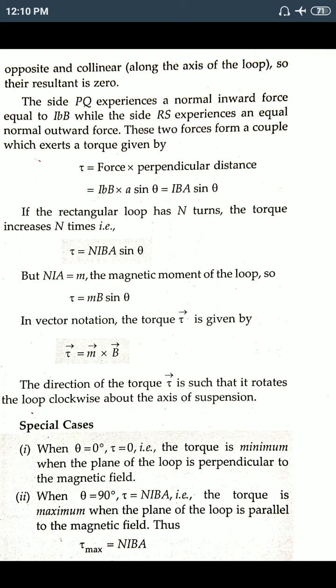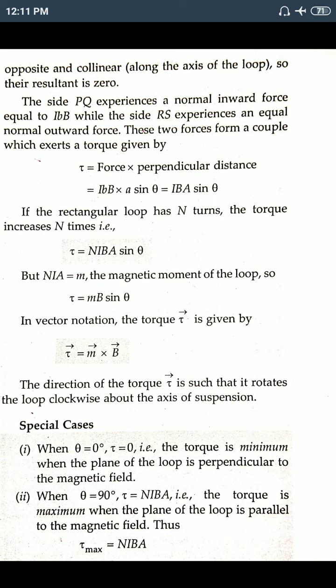Now n into I into A is represented as small m, and this is called the magnetic moment of the loop.